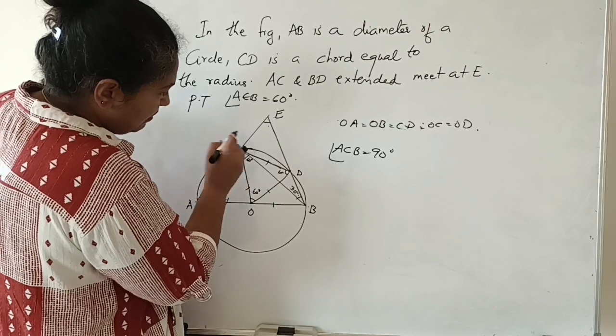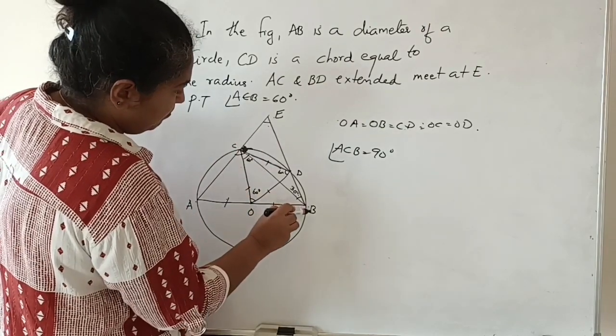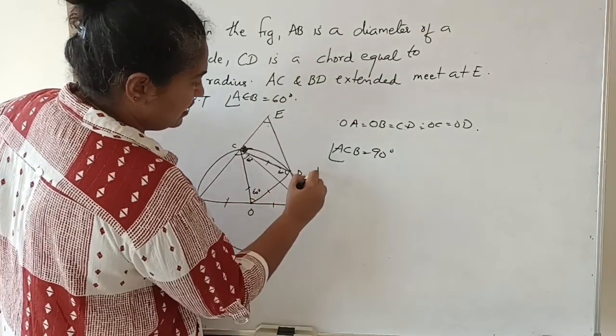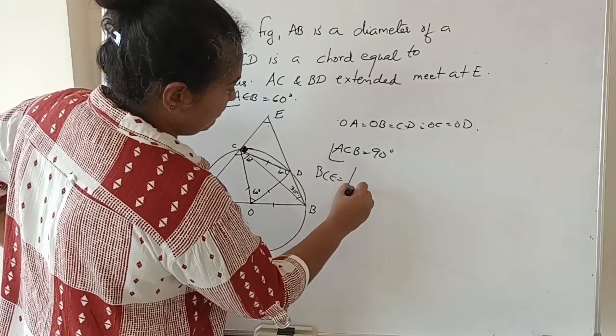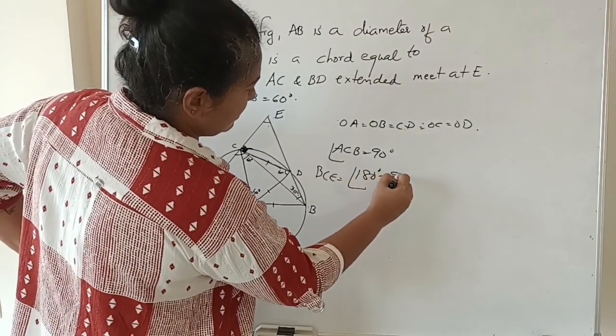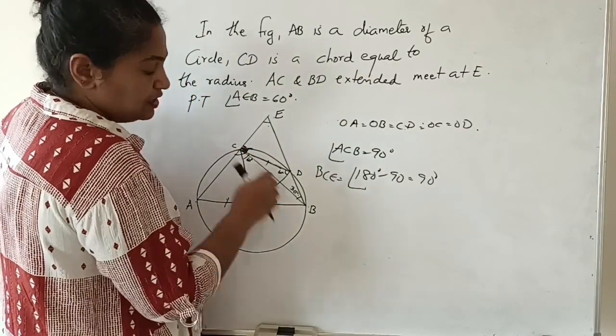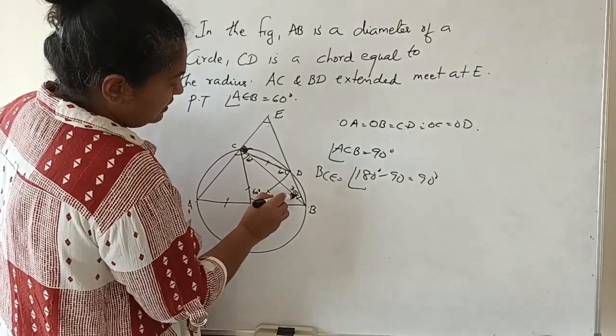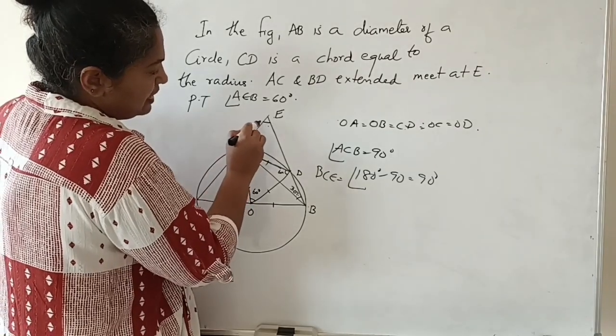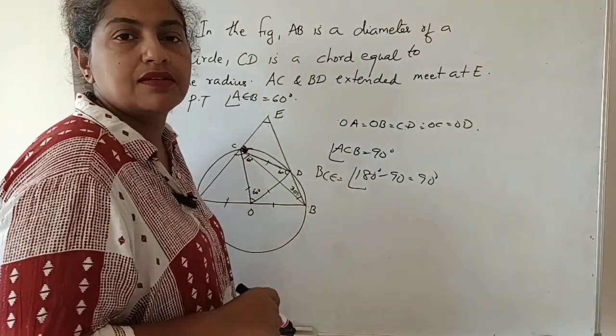So the remaining angle, which is BCE, will be 180 minus 90, which is equal to 90. This is also a 90 degree angle. So in the triangle I have got this is 30, this is 90. The remaining angle has to be 60 degrees.